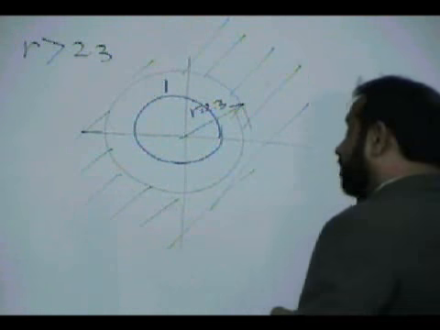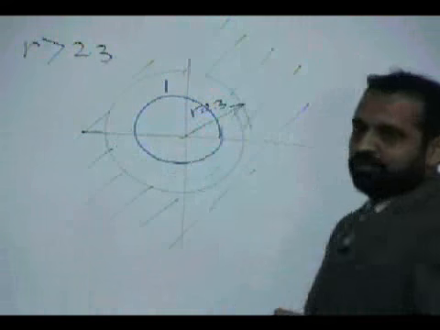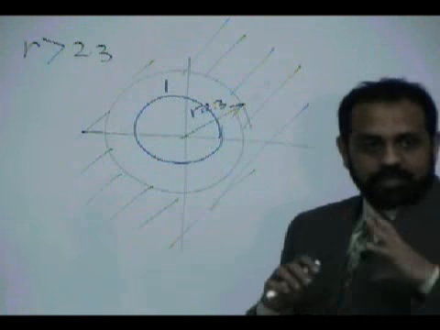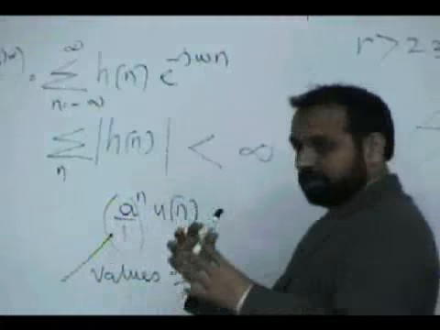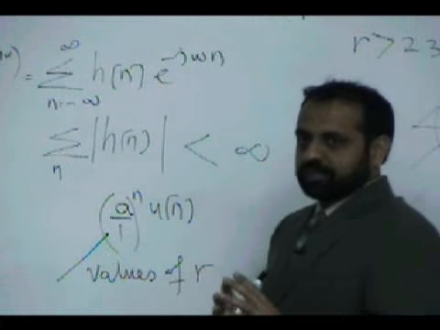If r equal to 1 can make this sequence converge, then it is a stable system.